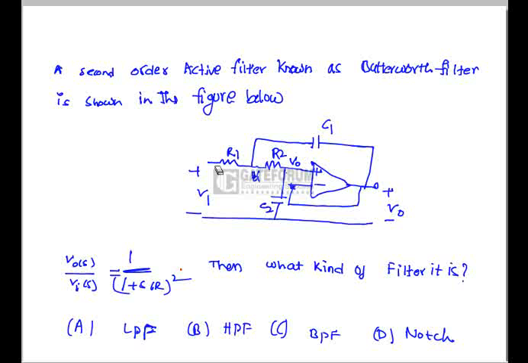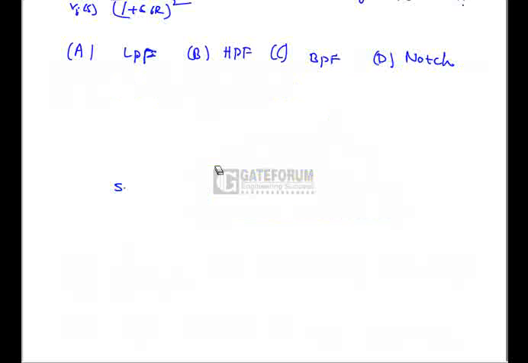In order to check what kind of filter it is, we need to take two boundary conditions: S equals 0, that means omega equals 0, and S equals infinity, that means omega equals infinity. That means we are checking the two extremes, either at low frequency, that is zero frequency, or at the higher frequency.